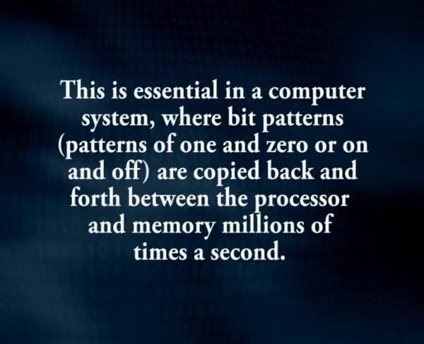This is essential in computer systems where bit patterns, that is patterns of 1 and 0 or on and off, are copied back and forth between processor and memory millions of times a second. The copies have to be perfect.